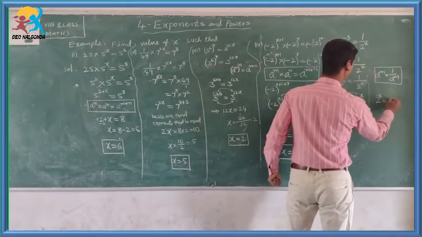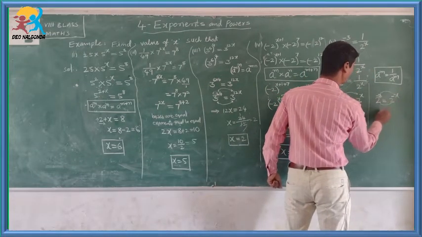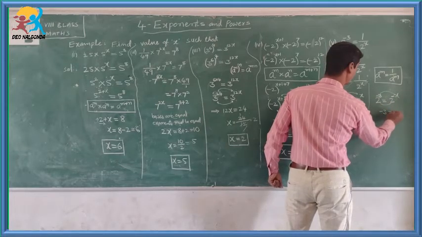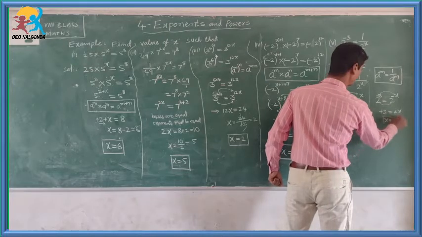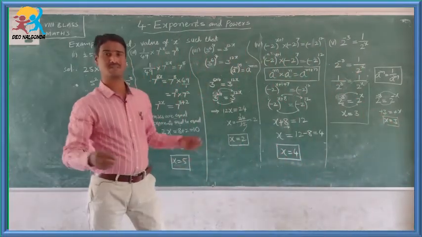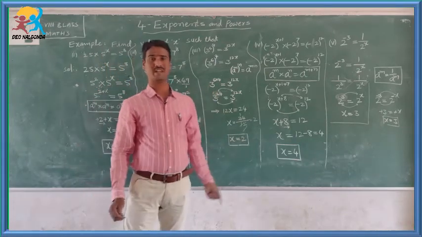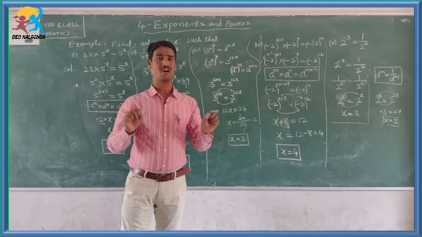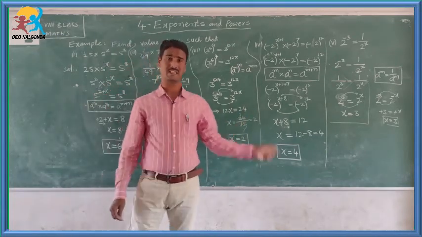So this one can be 2 power minus x. Bases are equal, exponents should be equal. Minus 3 equals minus x, minus minus cancel, x equals 3. This is the other method. So my dear children, using the laws of exponents, you can solve all types of problems. It is very useful in higher classes.